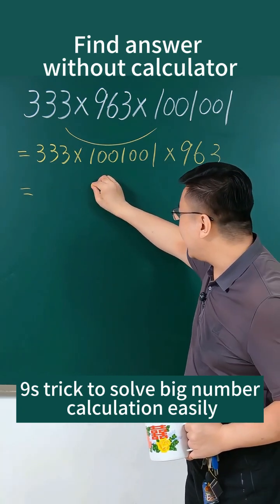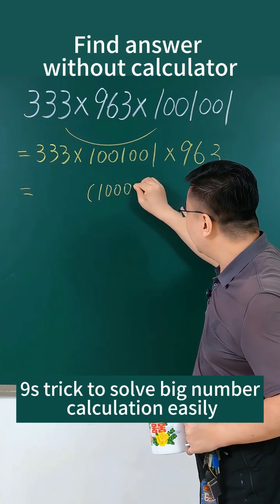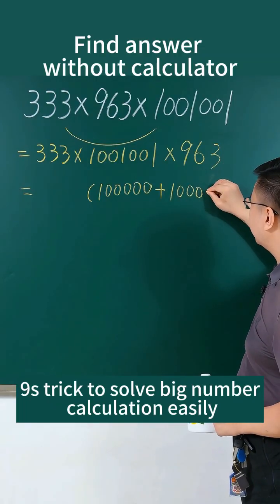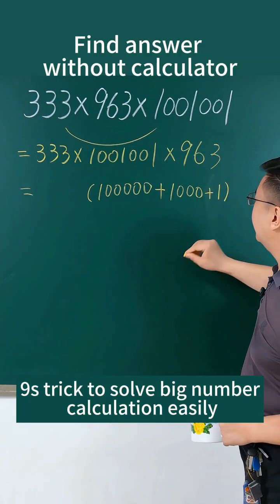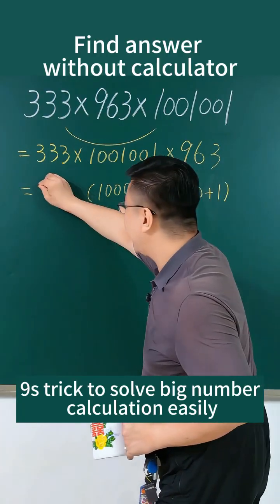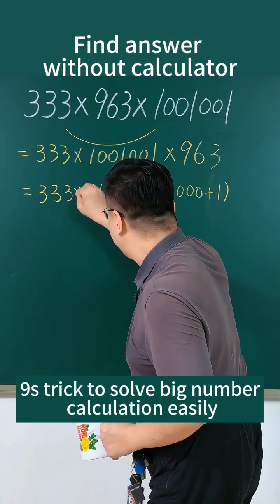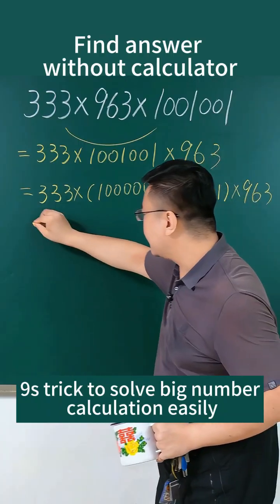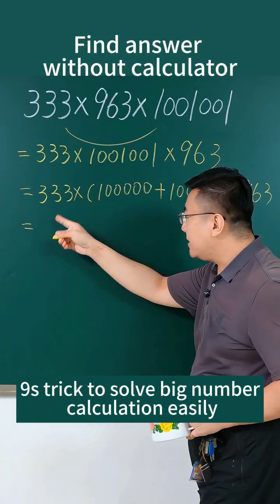Look, you can break this number down into 1 followed by 6 zeros, then add 1 followed by 3 zeros, and then add 1. Can't this number be broken down into these three numbers? Then multiply the first part by 333 and the latter part by 963. So think about what that equals.